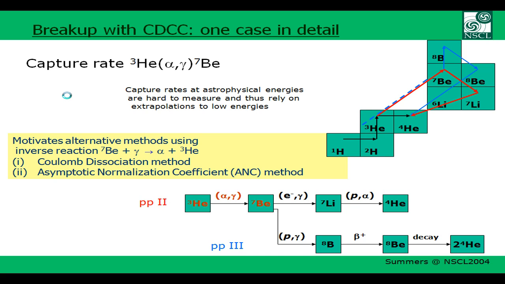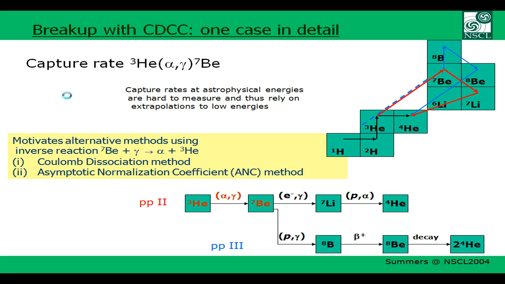Another indirect method has to do with the fact that at these very low energies, the relative motion between alpha and helium-3, the magnitude of the capture cross-section, is essentially sensitive to the tail of the relative motion wave function between the alpha and the helium-3 of the beryllium-7.